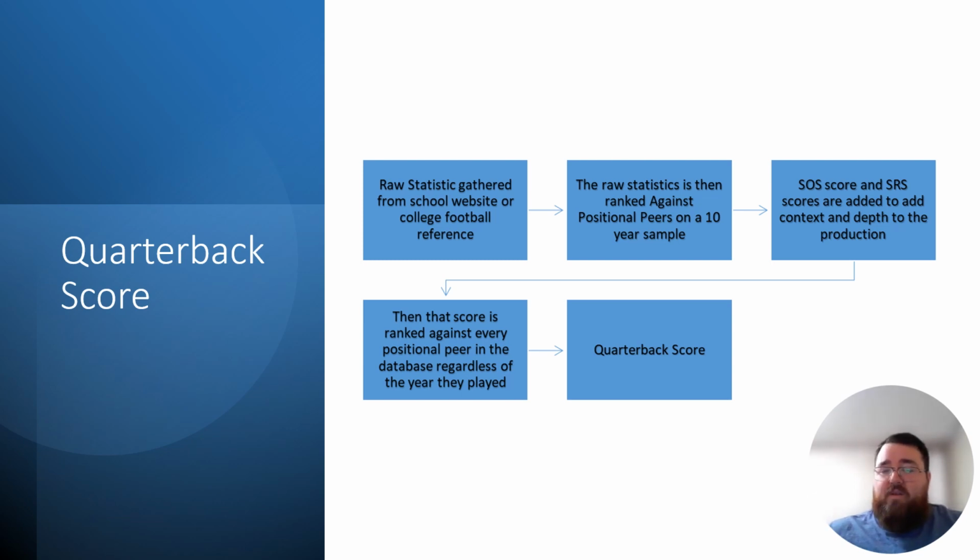You compare every strength of schedule score in their database to give you one single score. The SRS is the strength of team score, which is how strong the team they were on was, also a very important thing to look at contextually for their production. Those scores are then ranked against positional peers in the database to give you a quarterback score. That is how the quarterback score is created.